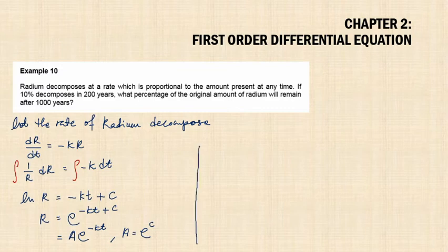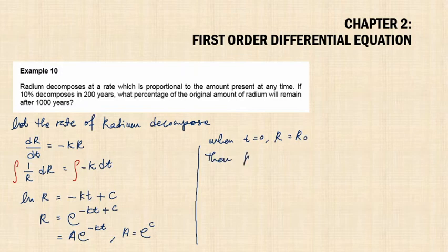Then in order to complete the equation, we substitute the initial value: when t equals 0, let the radium equal R naught.